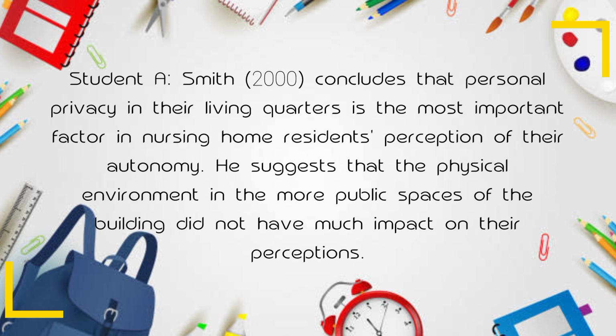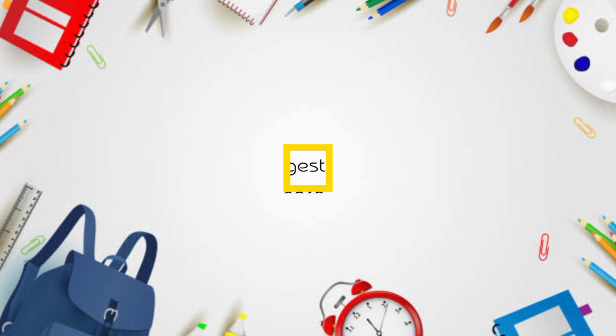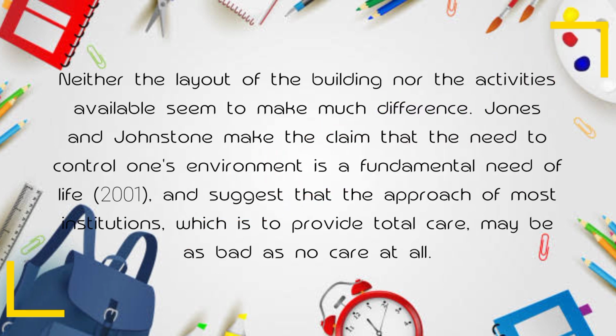Student A. Smith 2000 concludes that personal privacy in their living quarters is the most important factor in nursing home residents' perception of their autonomy. He suggests that the physical environment in the more public spaces of the building did not have much impact on their perceptions. Neither the layout of the building nor the activities available seem to make much difference.